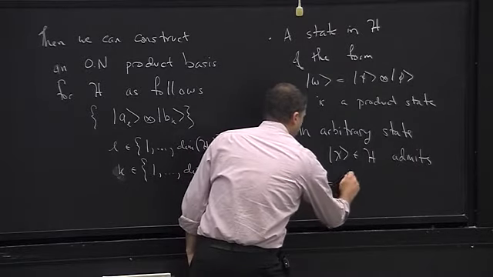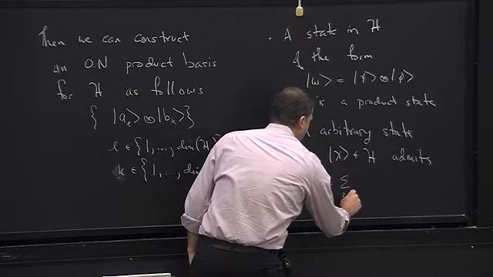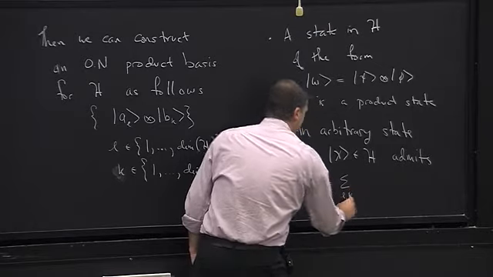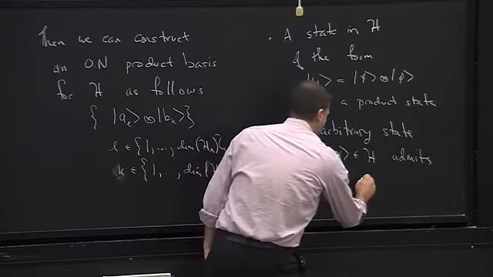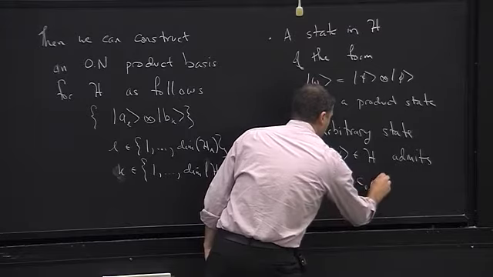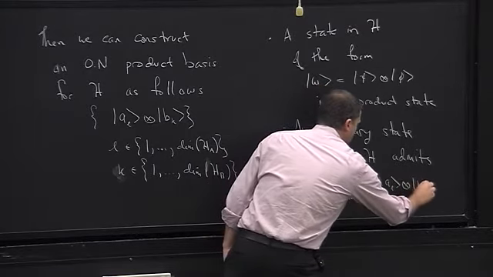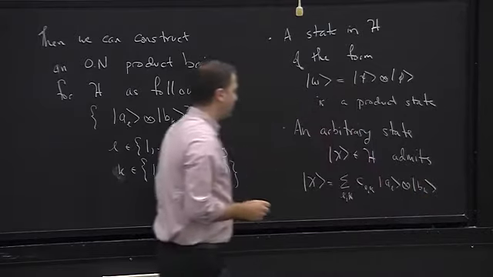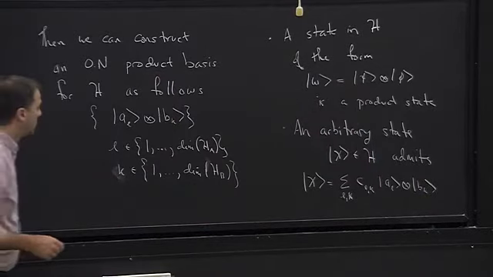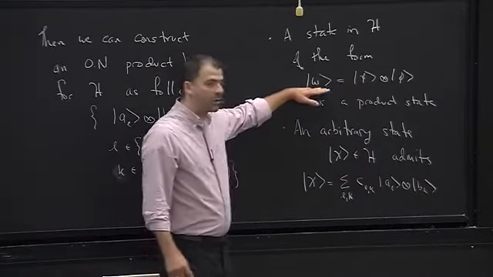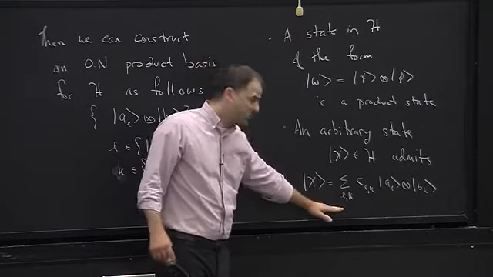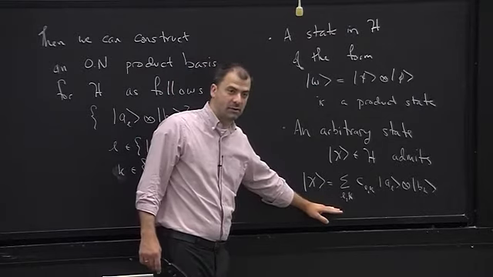Chi is equal to a sum over L and K, let's say it's C_{L,K}, A_L cross B_K. So a state of this form is a special case of a state of this form.